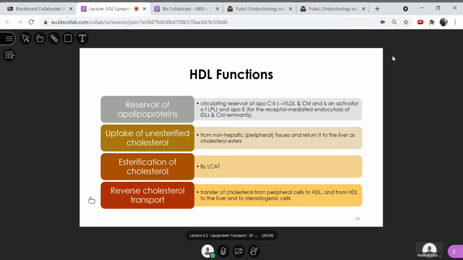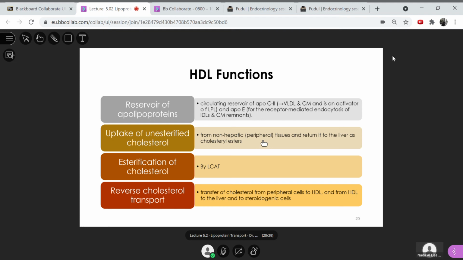Now, by now you know the functions of HDL. So it has two apolipoproteins. It keeps them as a circulating reservoir so that it can give them to other particles. ApoC2 goes to VLDL and chylomicron to activate LPL. And ApoE also is given to them, and it works as a receptor for receptor-mediated endocytosis of the remnant particles. It also functions to take up unesterified cholesterol from the peripheral organs and deliver it to the liver.